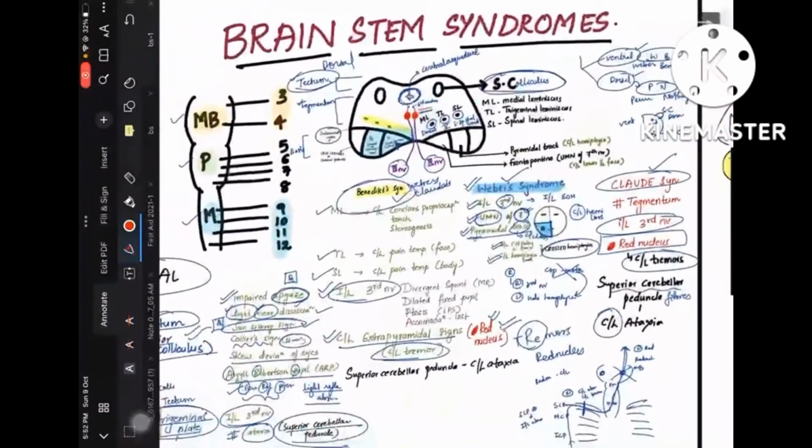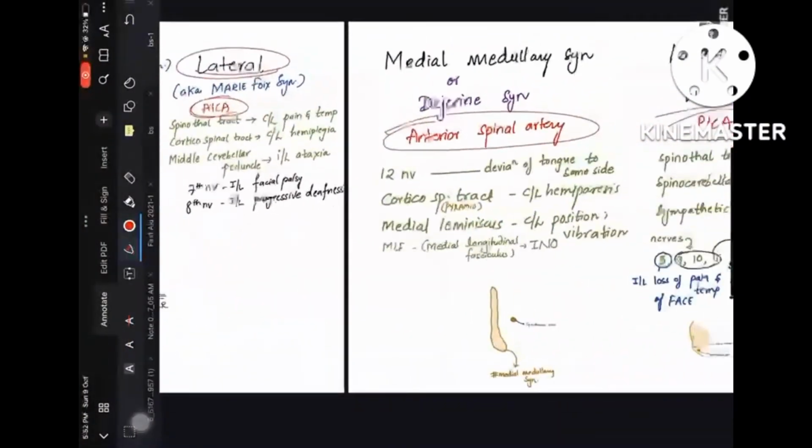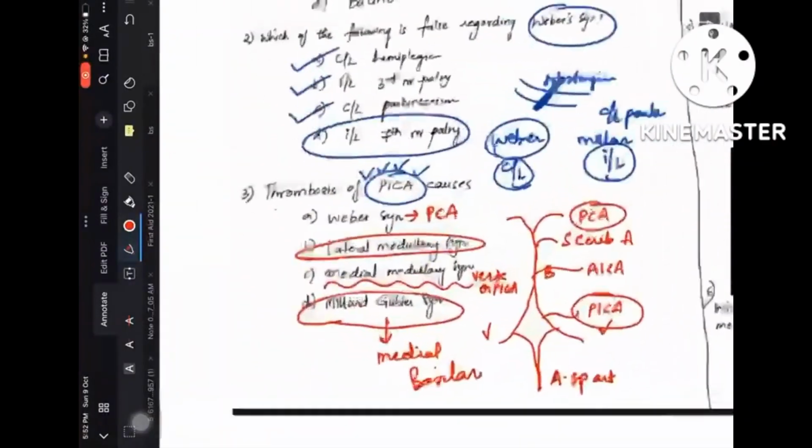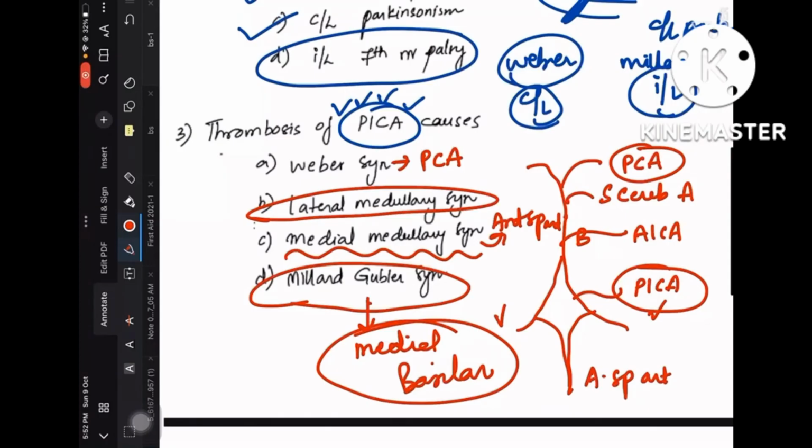Coming to the midbrain syndromes, all the midbrain syndromes are by PCA stroke, that is posterior cerebral artery stroke. So this question is done now. Medial medullary, mostly anterior spinal artery should be the answer. Anterior spinal artery for medial medullary, Millard Gubler is basilar, lateral medullary is vertebral or PICA.